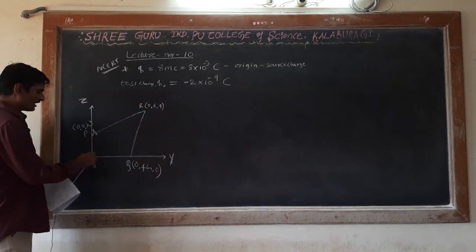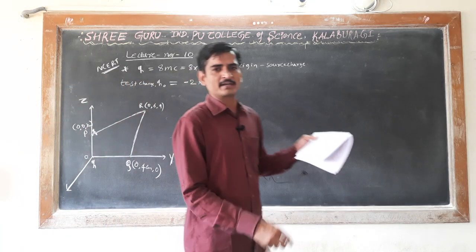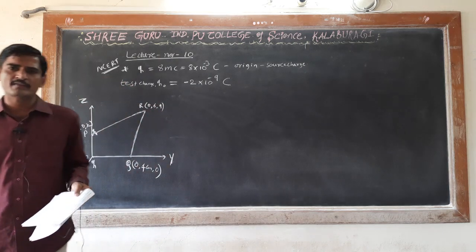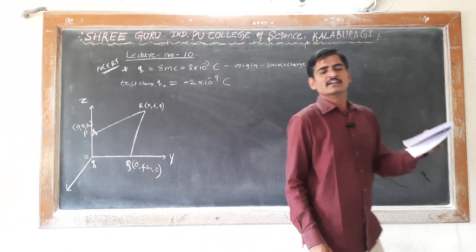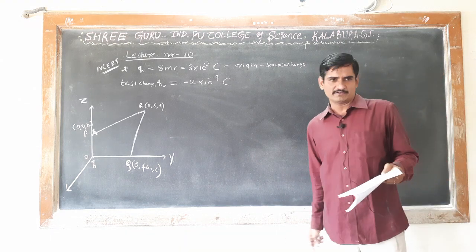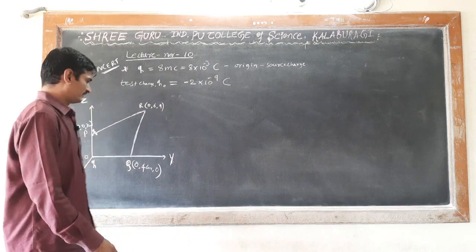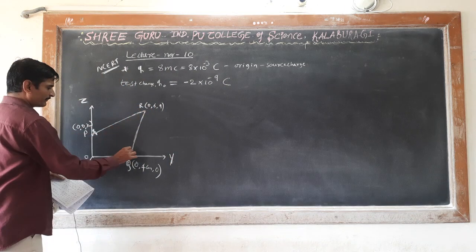Understood? So now work done to move a charge from one point to another point is given by test charge into potential difference between the 2 points. We have to move from point P to point Q via this path.